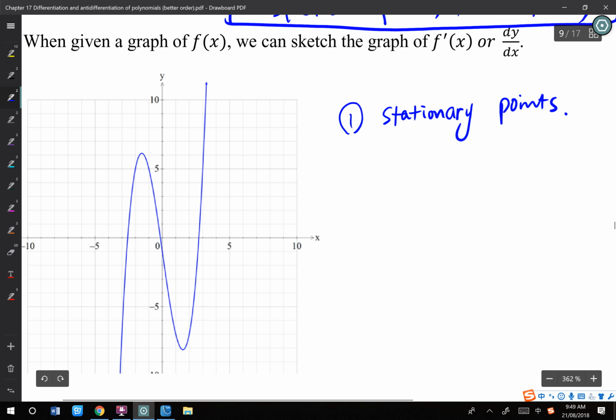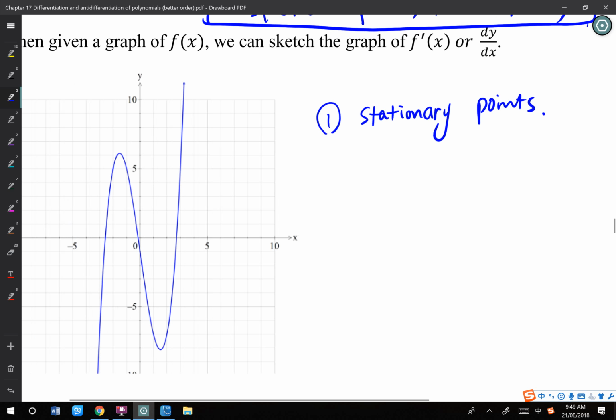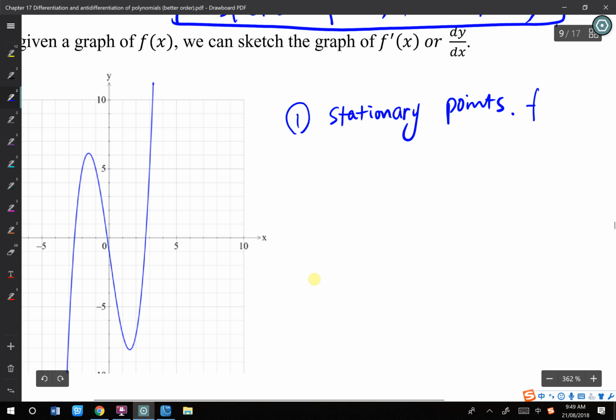What are stationary points? Derivative equals 0. So that gives you f dash x equals 0. What kind of points are stationary points? Turning point or stationary point of inflection. Okay, so those two types are stationary points.